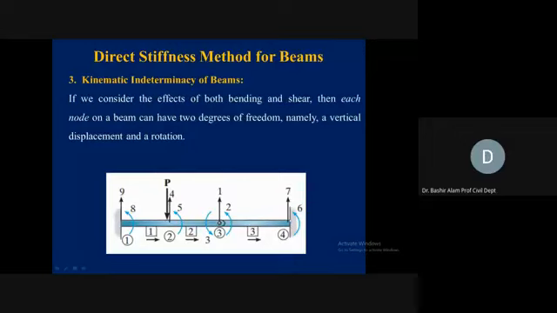Then we come to the restrained joint displacements: 6 and 7 at joint 4, and 8 and 9 at joint 1. So it is a 9 degrees kinematically indeterminate problem. We have 4 nodes, but because of the pin joint condition at node 3, we have one additional rotation, and because of this it becomes a 9 degrees kinematically indeterminate problem.